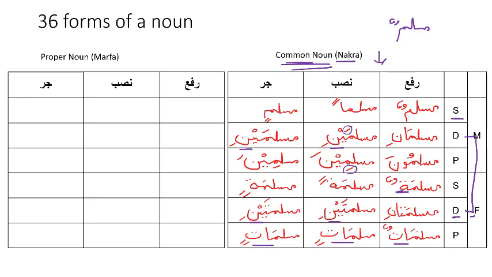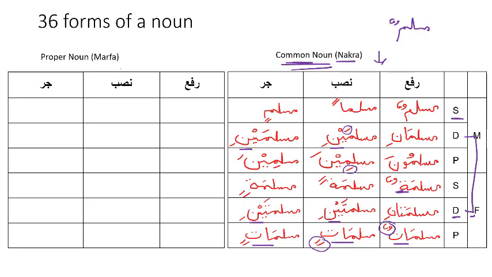The ta marbuta is replaced by alif and ta for plural. In rafa we have un, which is normal, but in nasab we have this double kasra or double zair, which is something you need to remember. Normally with nasab you think about a double zabar, but when you have female plural, then we use this double zair or double kasra, and the same thing with jar.